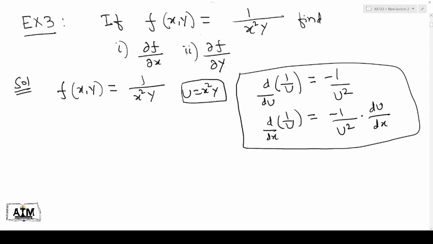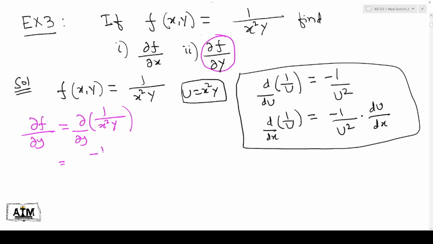Now to find the partial derivative of f with respect to y. So dou f by dou y equals the partial derivative of 1 upon x square y with respect to y. The derivative of 1 upon u is nothing but minus 1 upon u square. So this equals minus 1 upon x square y whole square multiplied by the partial derivative of x square y with respect to y.